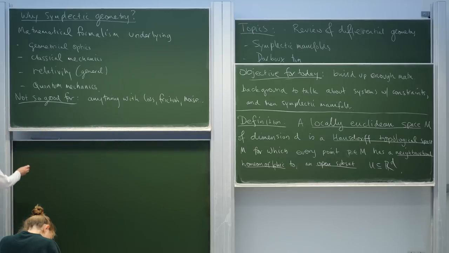Yeah, I guess I'll draw the picture already. This is a locally Euclidean space. What does that mean?